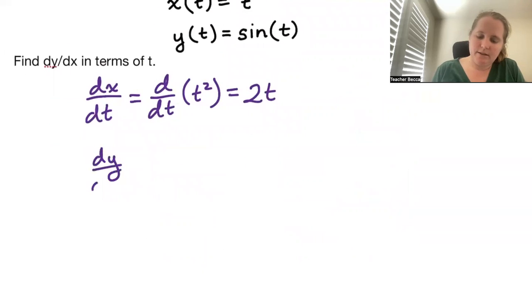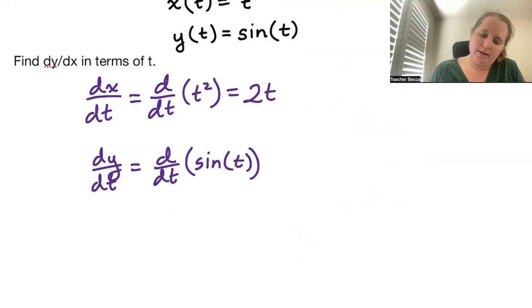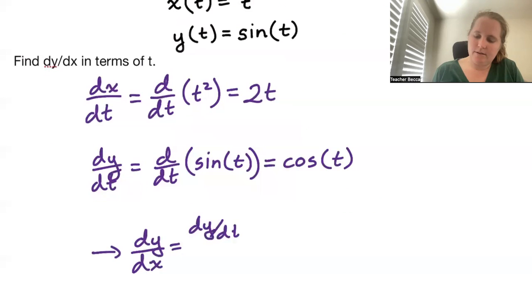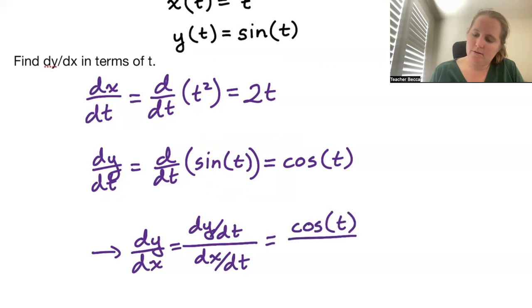Dy dt is the derivative with respect to t of sine of t, otherwise known as cosine of t. So we therefore have dy dx is dy dt over dx dt is simply cosine of t over 2t.